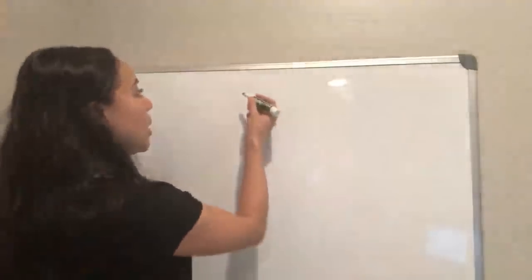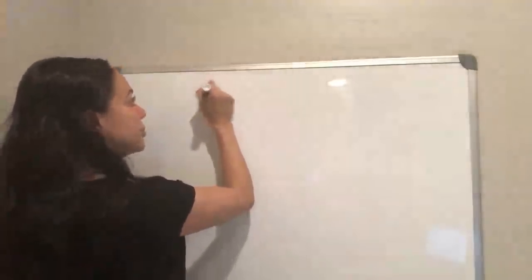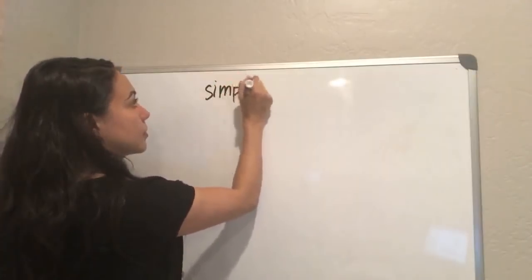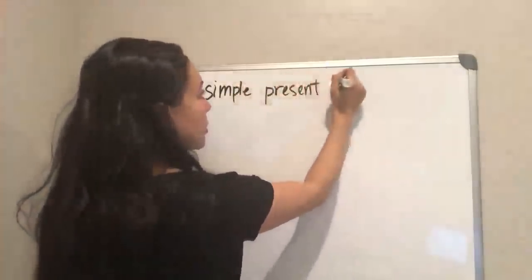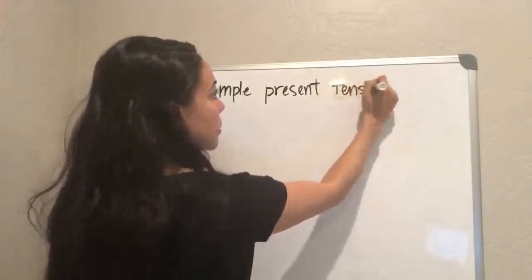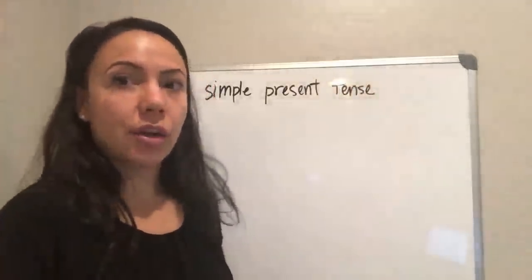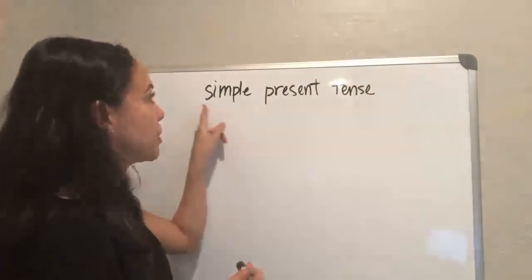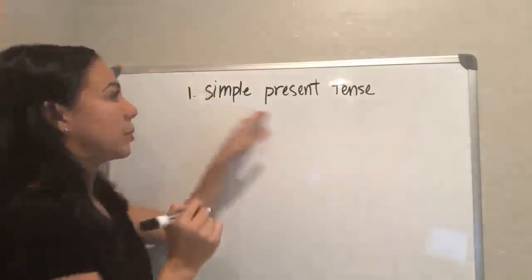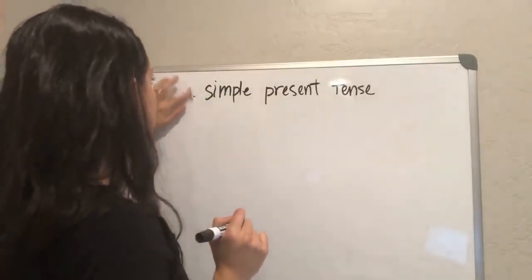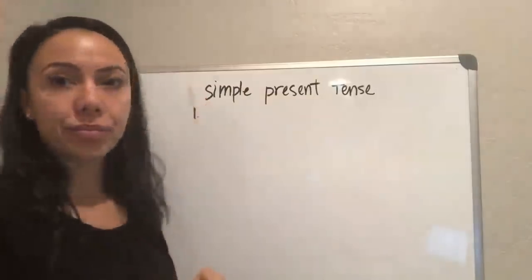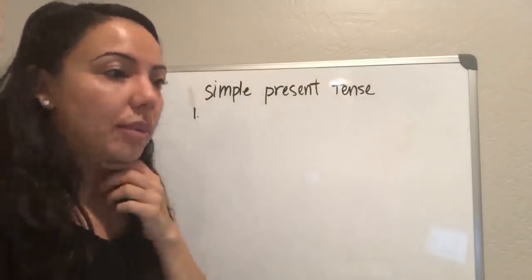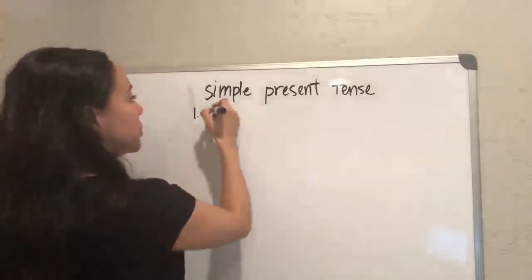So the first rule for when we use the simple present tense is going to be for things that are true in general.